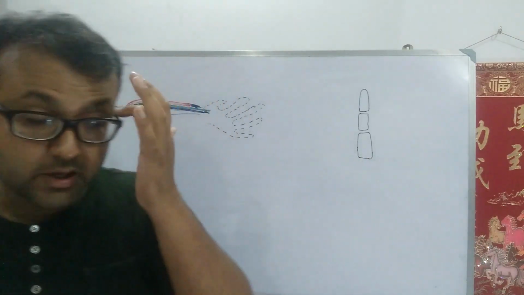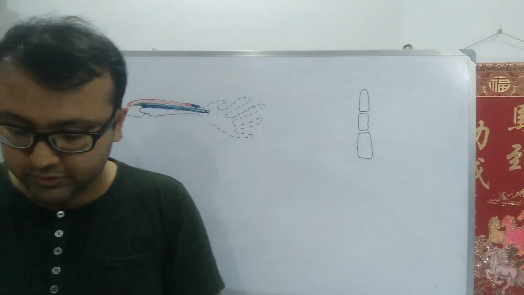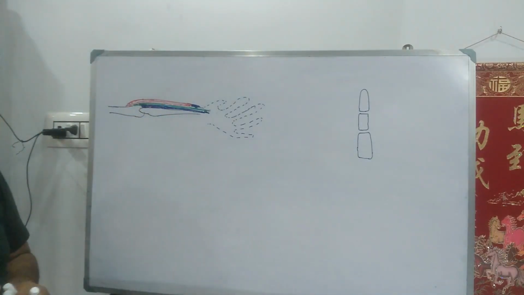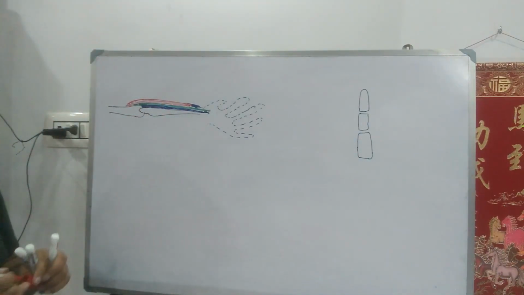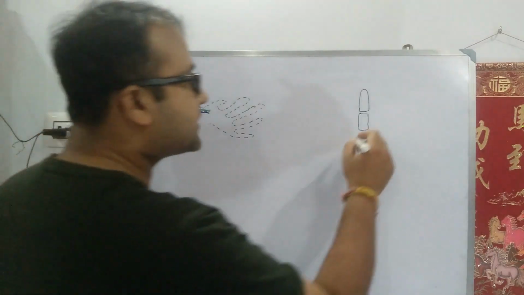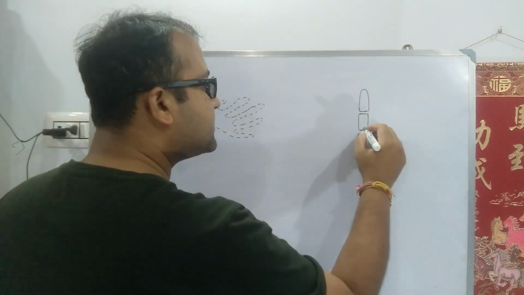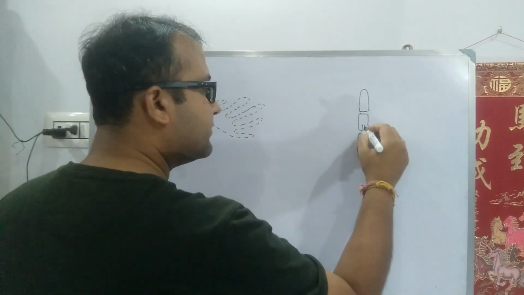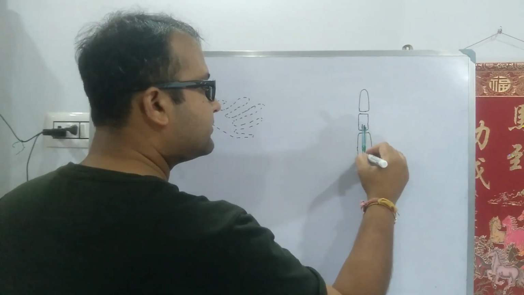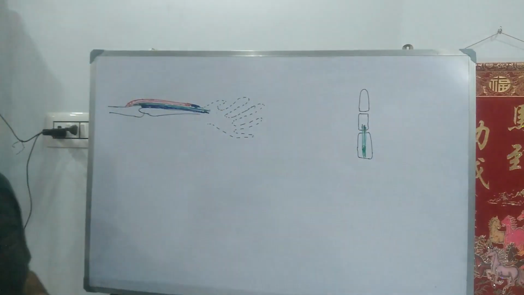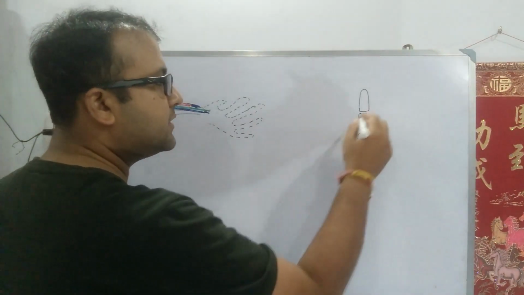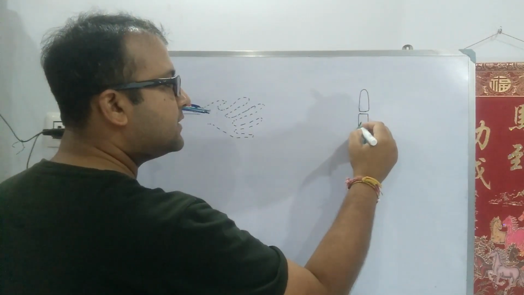Okay, we'll discuss that. So when we talk about their tendons, let us suppose that the extensor digitorum tendon is moving in this manner. Now what happens? It goes inside a special band over here. So this band is like this.